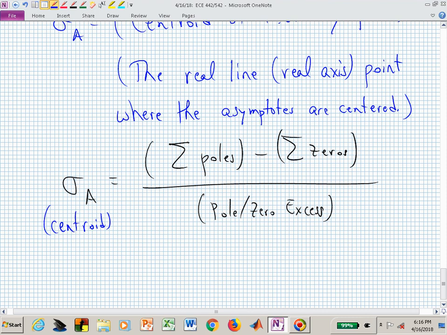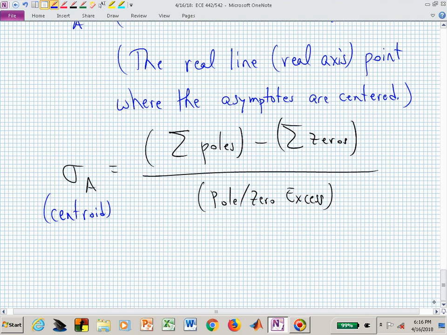Like pin the tail on the donkey, we're pinning these angles, their center, at a particular point on the real line. And we can compute that by just adding up all the poles, subtracting all of the zeros, and dividing by the pole zero excess.